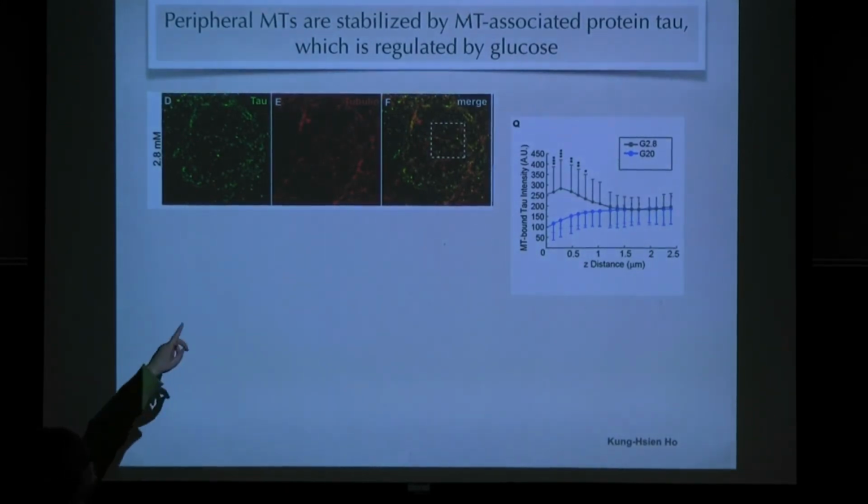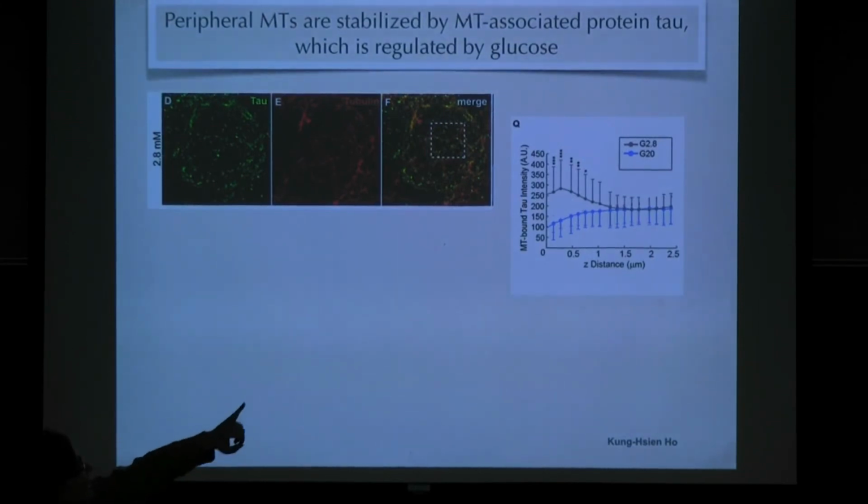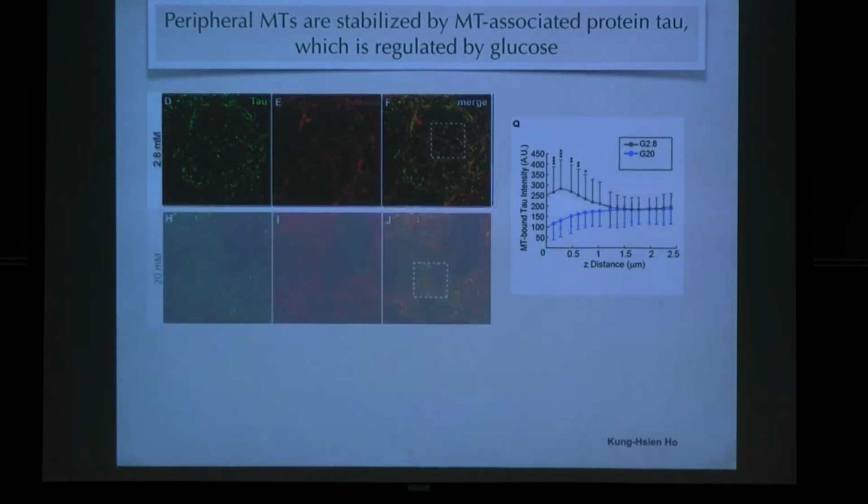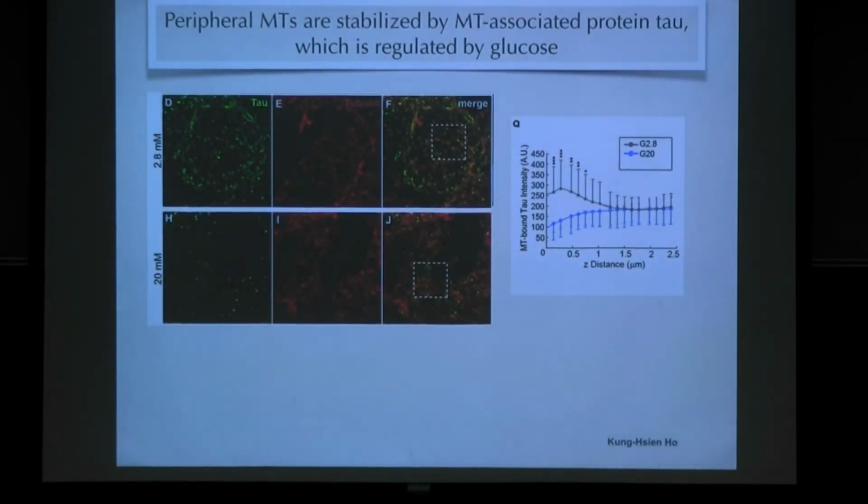Hopefully you can appreciate that it is mostly at the cell periphery, and then there is a quantification for that. The gray line shows localization of tau to microtubules in low glucose. You see it's higher in the beginning, but in high glucose, it's gone. He also found that glucose causes phosphorylation of this protein.